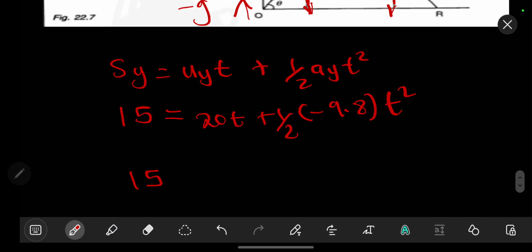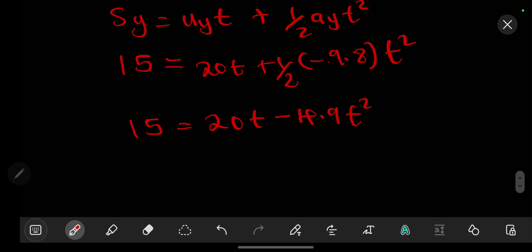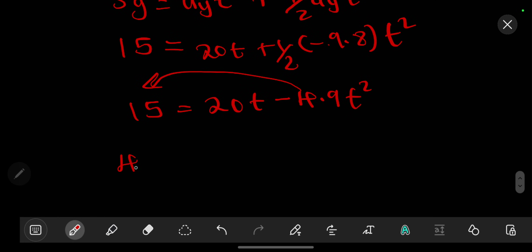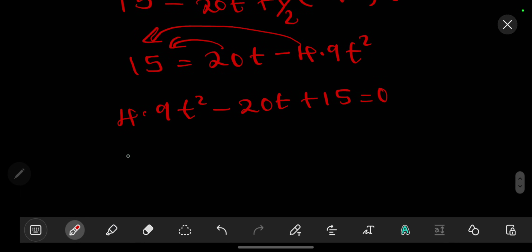So we are going to get 15 equal to 20t, and half by negative 9.8 will give us negative 4.9t squared. We take this value to this side, which becomes positive 4.9t squared, then minus 20t, plus 15 equal to 0.